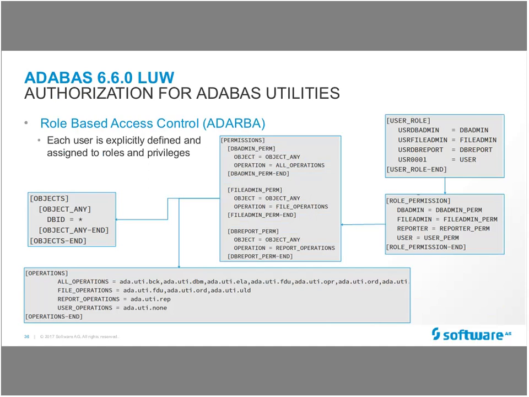You go over and you can see, okay, the DB admin can access any object and all operations are allowed. For a file admin, you can access any object, but file operations and so on. And you see the operations are the utilities you can execute.